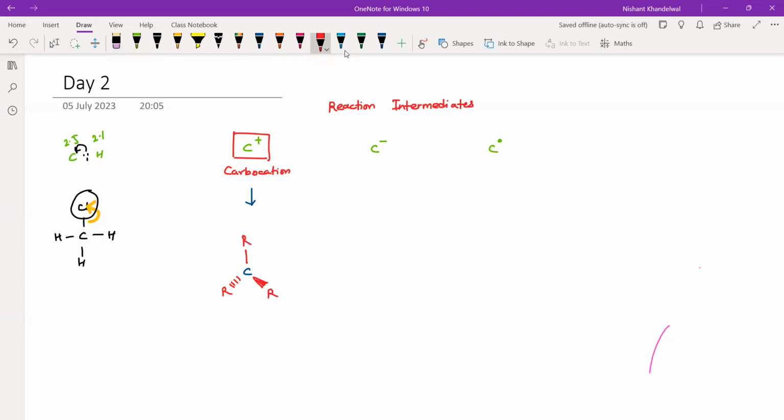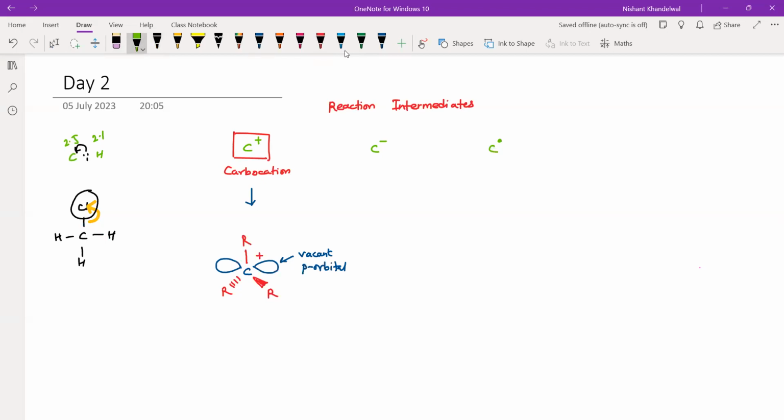Okay, these are the three. This is trigonal planar, and this one is the empty p orbital, or vacant p orbital, for this carbon atom, and we will have a positive charge over it. So this is a carbocation. So this is how carbocation looks.